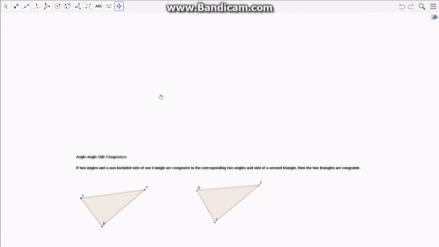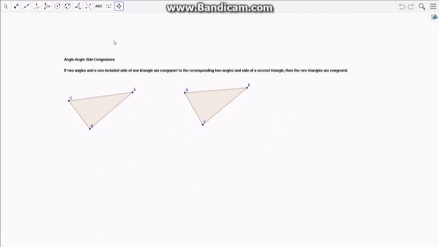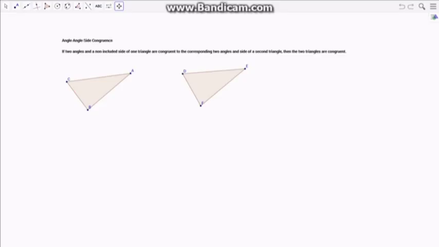Another theorem can prove congruent triangles too: angle-angle-side congruence. It states that if two angles and a non-included side of one triangle are congruent to the corresponding two angles and side of a second triangle, then the two triangles are congruent. How do we illustrate this one? Let's label again.